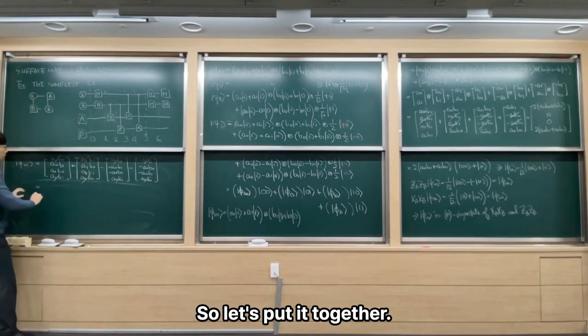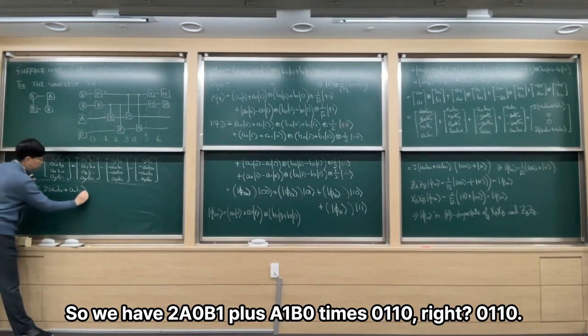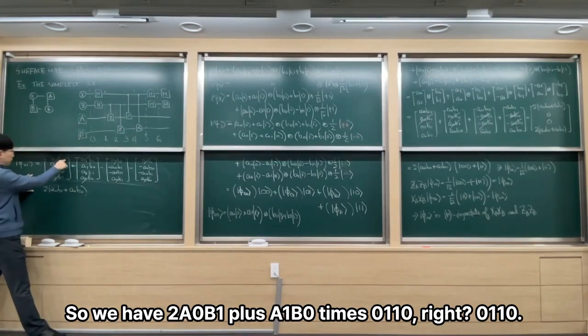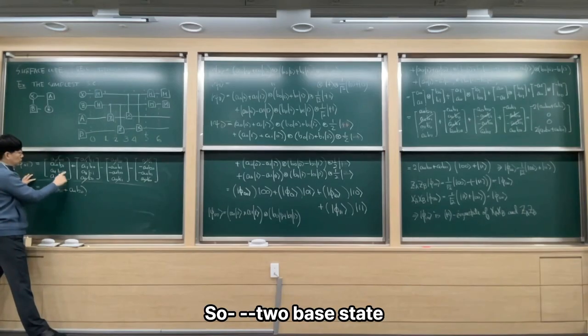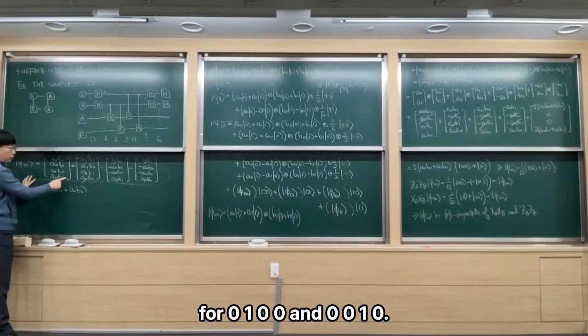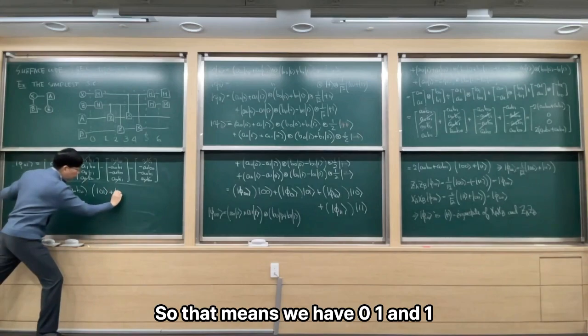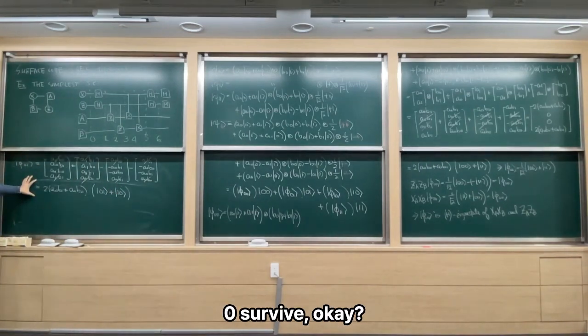So let's put it together. We have 2 times (A0 B1 plus A1 B0) times 0, 1, 1, 0. So two basis states, 0, 1 and 1, 0, survive.